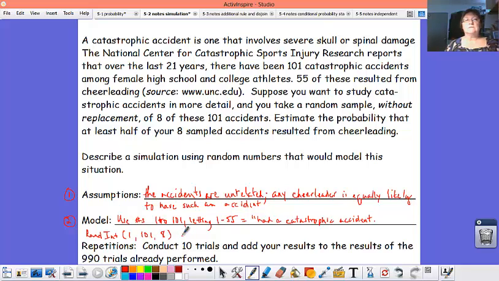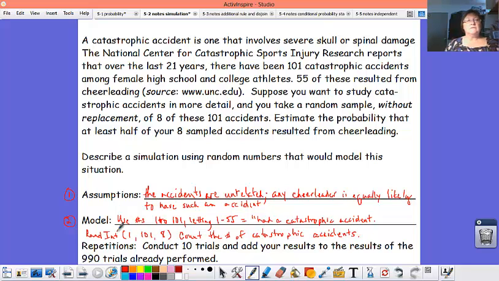I'm going to count the number of catastrophic accidents. Notice we want to talk about this in terms of the context. We're not talking about drawing random numbers. We're talking about catastrophic accidents.